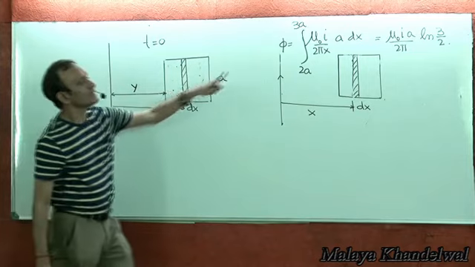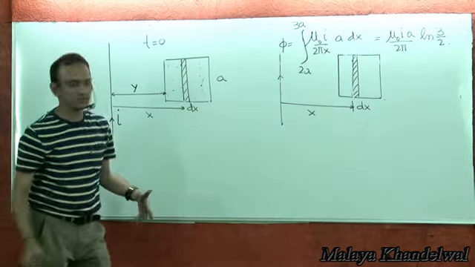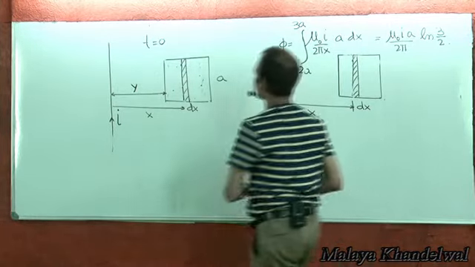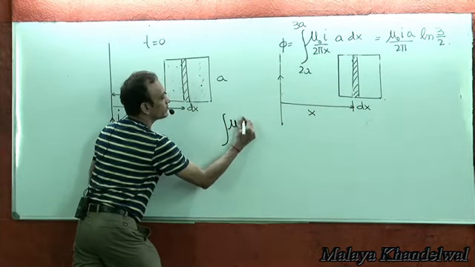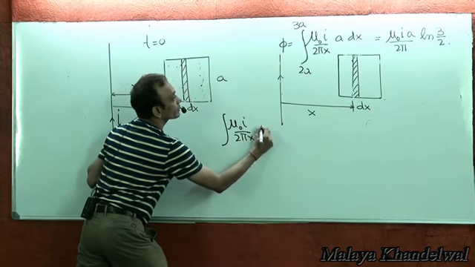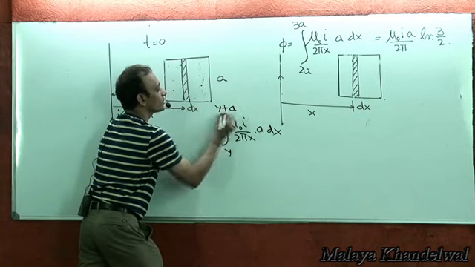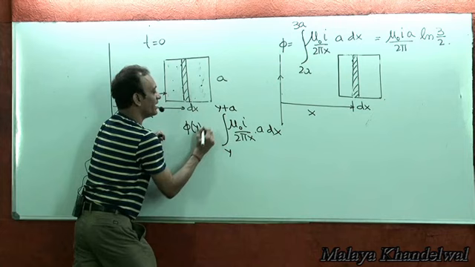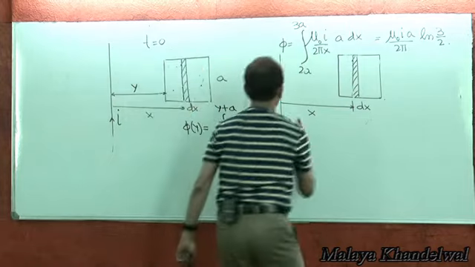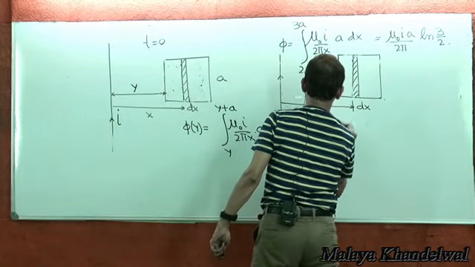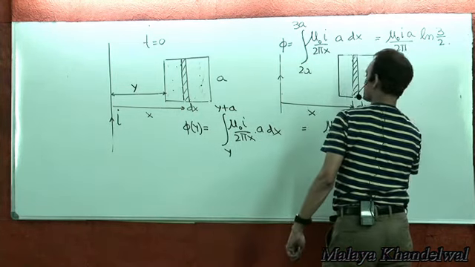That's the only difference. So the flux associated with the loop is mu naught I by 2 pi x, a dx, where x runs from y to y plus a. That's the flux as a function of y, which is mu naught I a by 2 pi log y plus a by y.